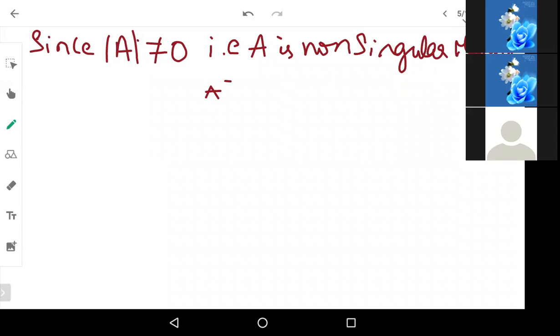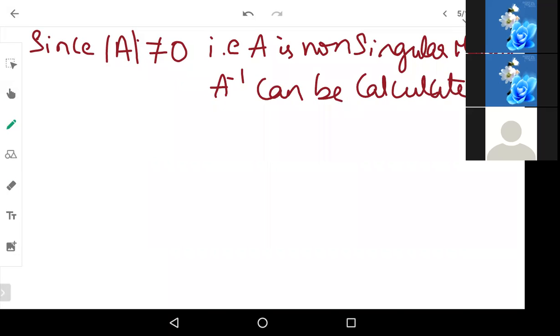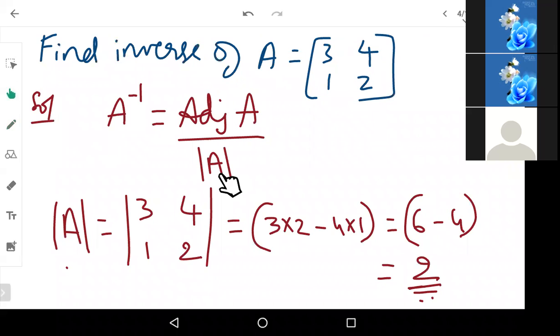A inverse can be calculated. Okay, A inverse can be calculated. Now we finished finding determinant of A. Now let us find the adjoint of A.